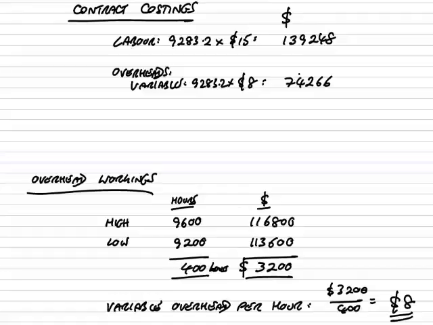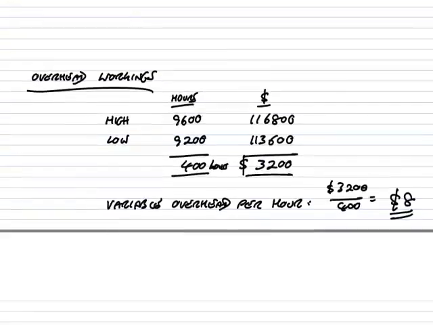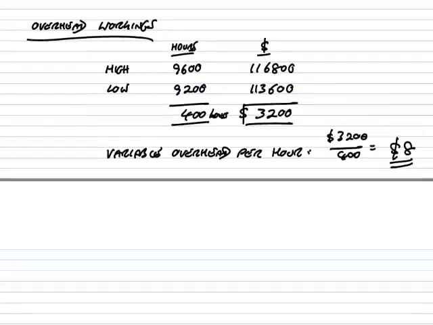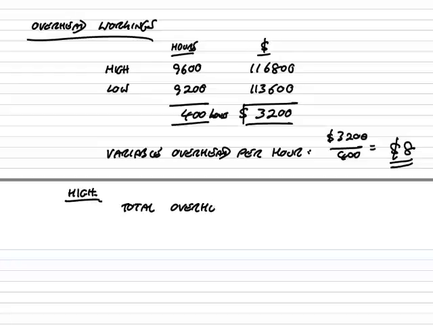However, we're not quite there, because although we've dealt with the variable overheads, what about fixed? Because they're absorbed on a labour hour basis. So let's go back to the fixed overheads. To get the fixed overheads, well, go to either the high or the low. I'll go to the high month. We know what the total overheads were, 116,800.